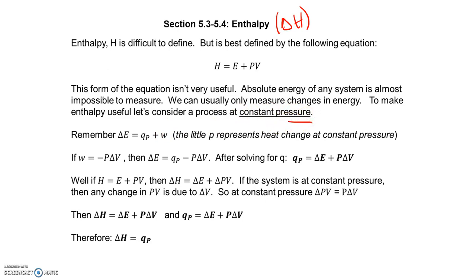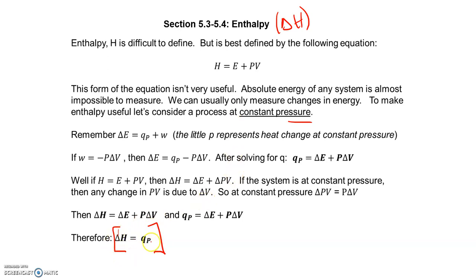The basic overall point of this slide is showing you how these various equations are derived. But it's important to know that the change in enthalpy, delta H, is equal to the heat associated with the chemical reaction when you are at constant pressure. And so if you are in some sort of system that's not at a constant pressure, we cannot assume that delta H is equal to Q.